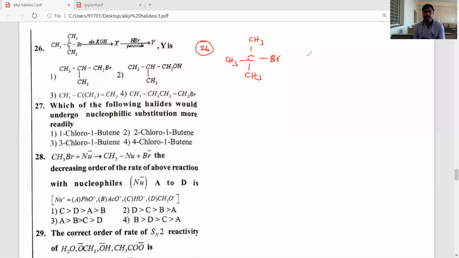This tertiary butyl bromide is treated with alcoholic KOH, with loss of HBr.